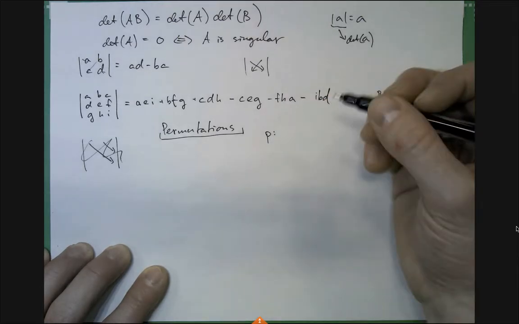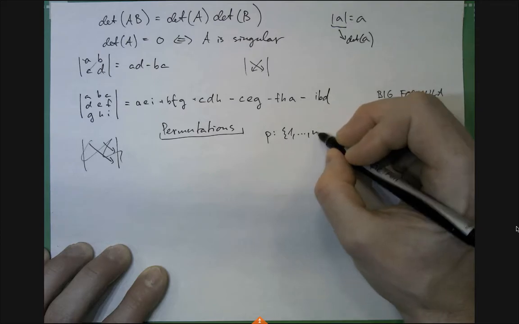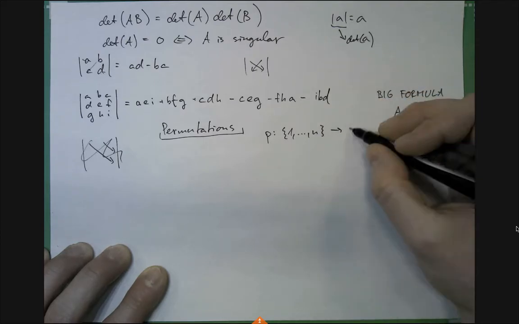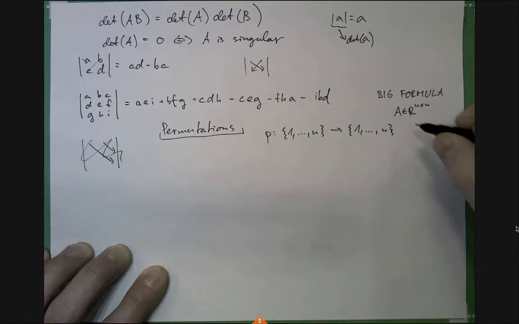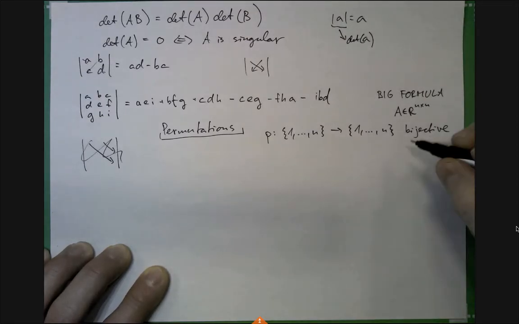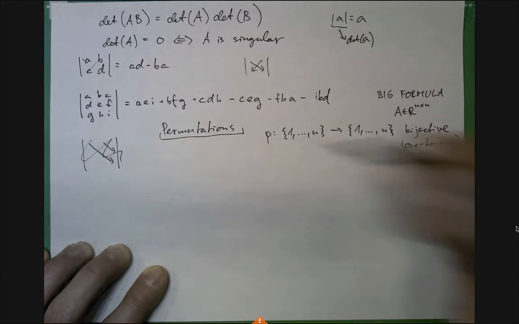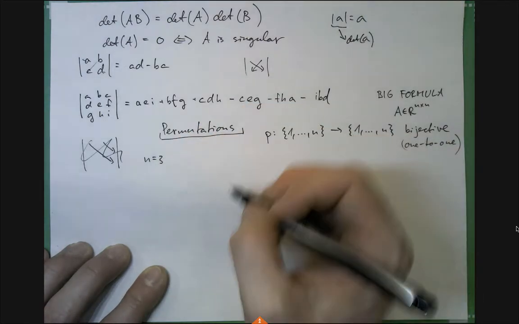A permutation is a function from integers 1 to n, mapping them to integers 1 to n, to themselves, which is bijective. Do you know this terminology, bijective? It's also called one-to-one mapping. What that means is actually quite simple. Let me give you an example for n equal 3.